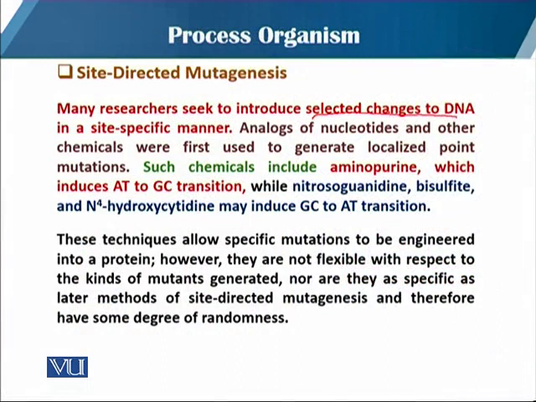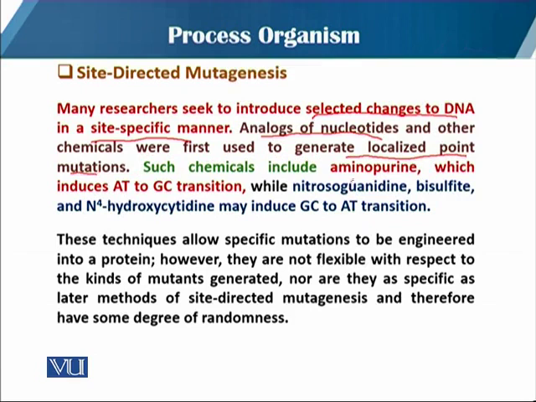But as concerns site-directed mutagenesis, many researchers seek to introduce a selected change to DNA in a site-specific manner. Analogues of nucleotides and other chemicals were first used to generate localized point mutations.